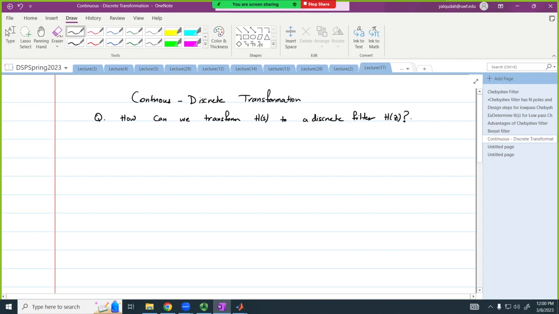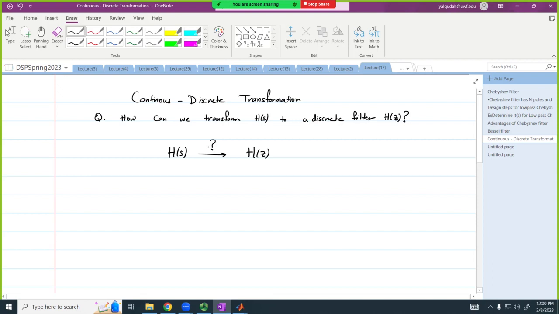Does the concept make sense? So we designed that continuous time filter, but I'm not interested in a continuous time filter. I'm interested in a discrete time filter. So what I want to be able to design, or build, is a discrete filter. So we had H(s) for the different filters, the Butterworth, the Chebyshev, but I want to be able to get H(z).